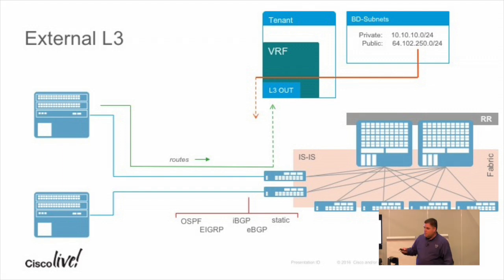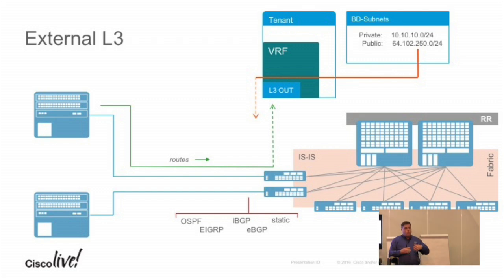Now, the important thing here is that if I wanted to have something in the fabric and advertise it out, we can trigger, in each individual case, whether we want that subnet to exist and be advertised in the outside world. So you can selectively say this subnet needs to go, I want everybody to learn about it. And once you do that, from a migration perspective, that subnet would get routed.